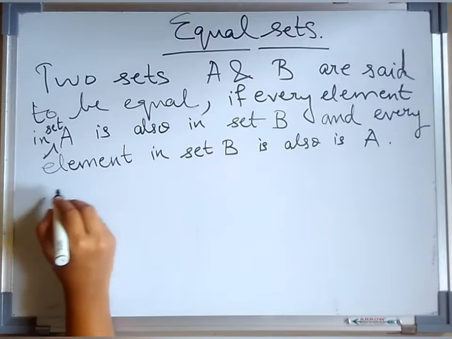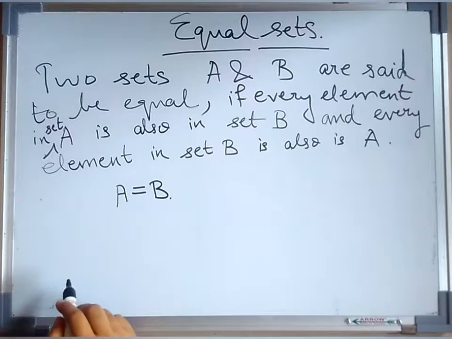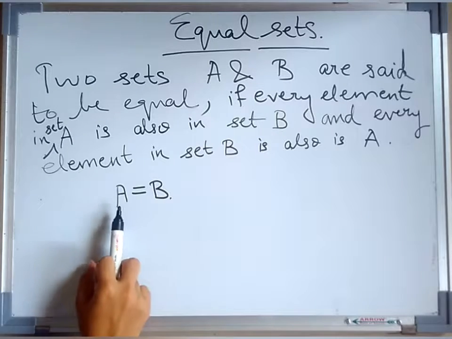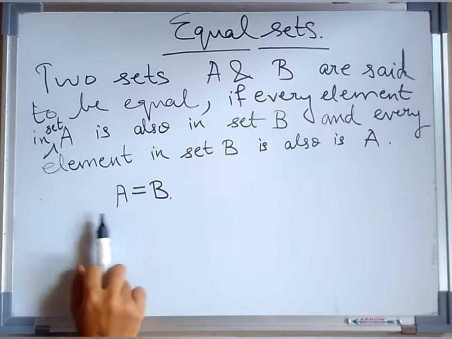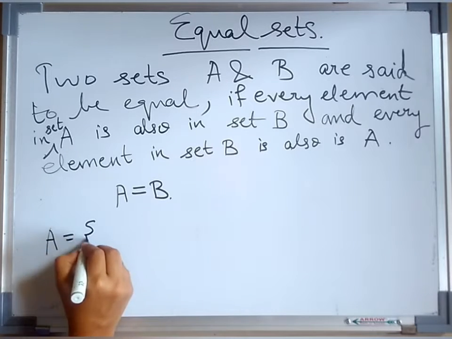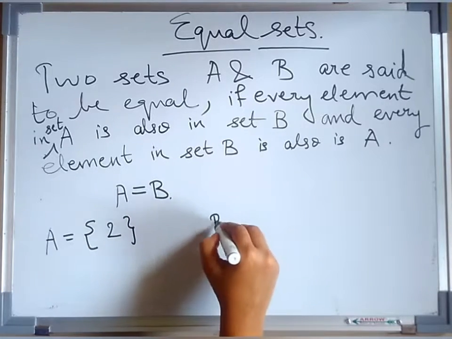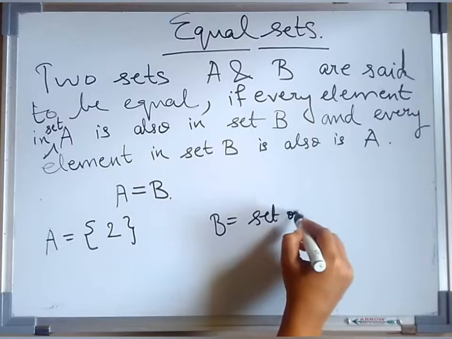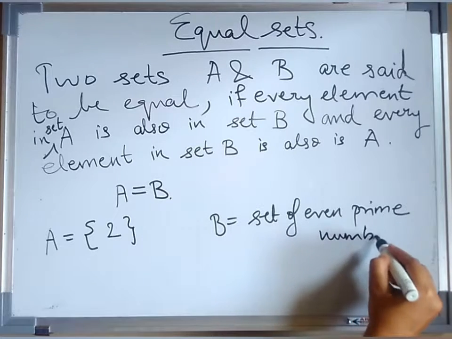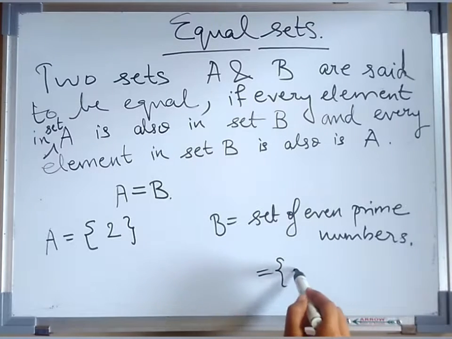And symbolically we will say A is equal to B. We use the equal to sign to denote that set A is equal to set B. That means every element in A is in B and every element in B is in A. If you note, the set of even prime numbers is the same as this.